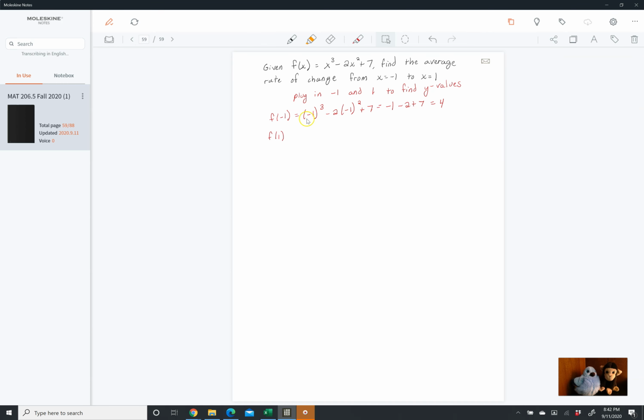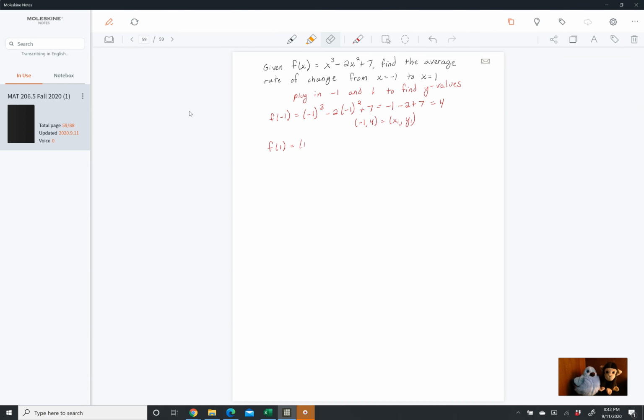Or actually, let's just write out the point first, right? So our point is negative 1, 4. And we'll call this x1, y1. Again, it doesn't matter. You want to call it x1, y2, that's fine. X2, y2, that's fine.